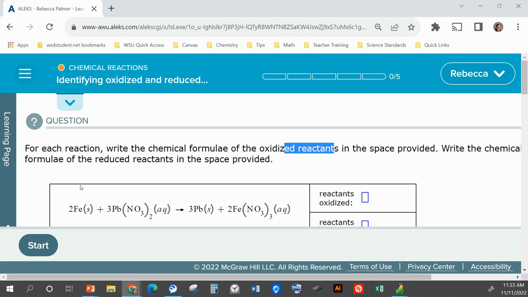Yeah, it's confusing because we're losing negative charge and it ends up positive. So the other one, lead, we are gaining electrons, so this is reduced. So this one's reduced, this one's oxidized.